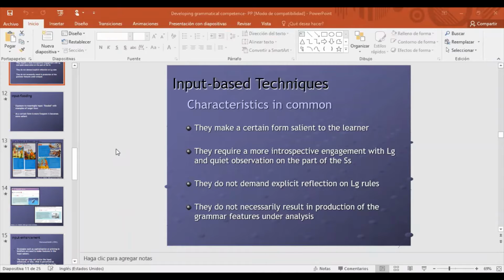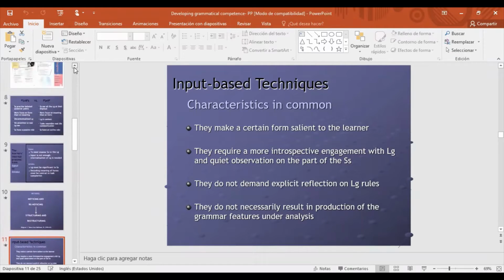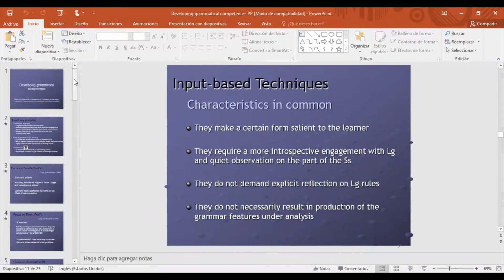So, people, remember that. A ver, let's go back to... We have started discussing some ideas in relation to developing grammatical competence. Do you remember that?